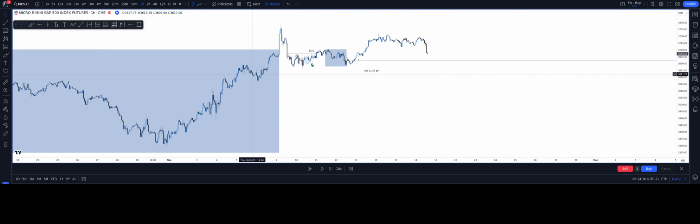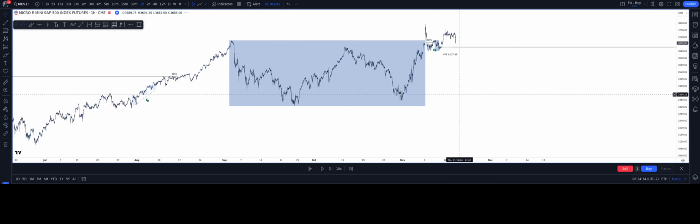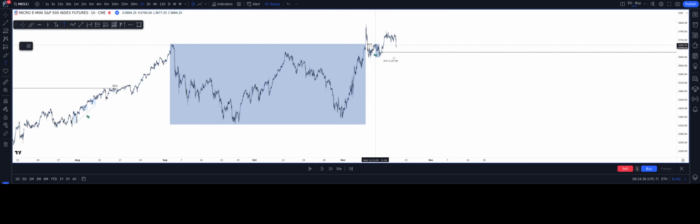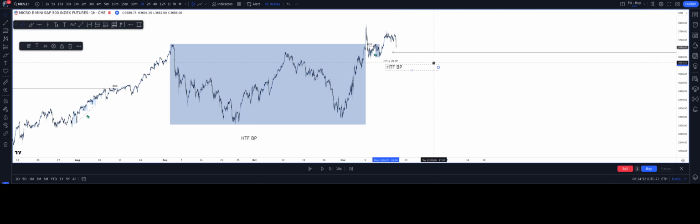Speaking of what we've just discovered, we've learned that we've mitigated a higher time frame and a lower time frame buy primary, haven't we? This was the higher time frame one. Here, let's make it big. And here's the lower time frame one.